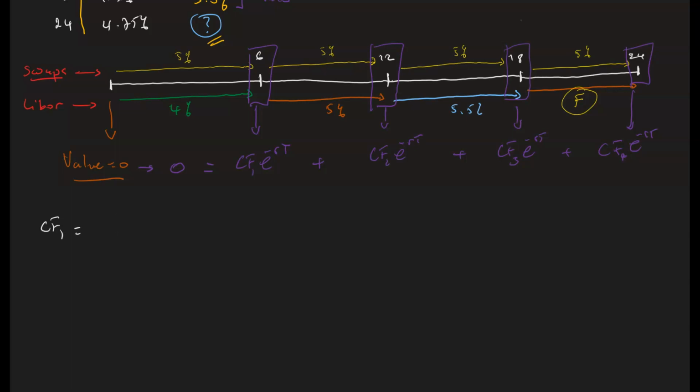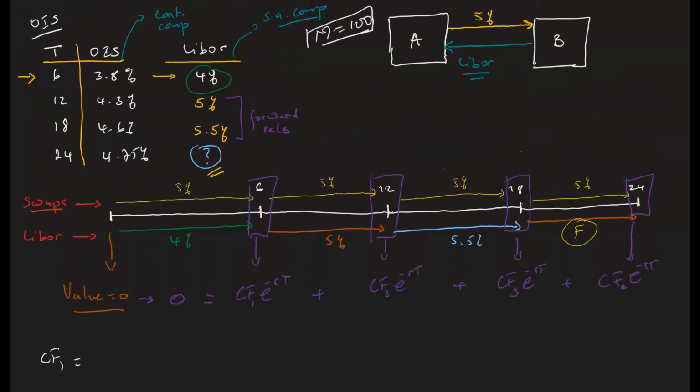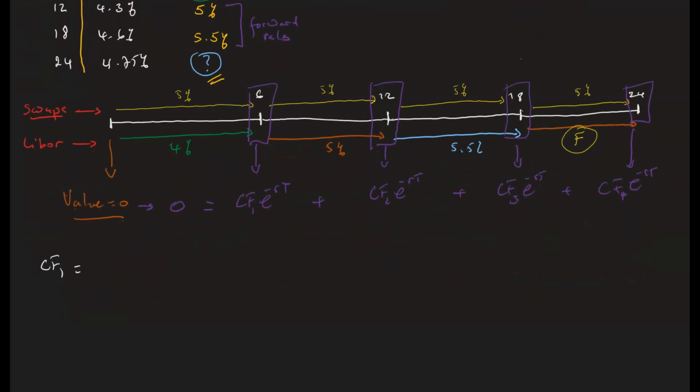We're going to be paying 5% and receiving LIBOR. So we're going to be receiving LIBOR 4% and paying the swap rate, fixed rate 5%. We're going to do that semi-annually, so we're going to divide that by 2, and we're going to be paying that on a notional amount of 100 million. That's 100 here.